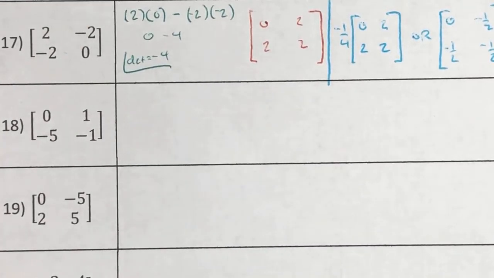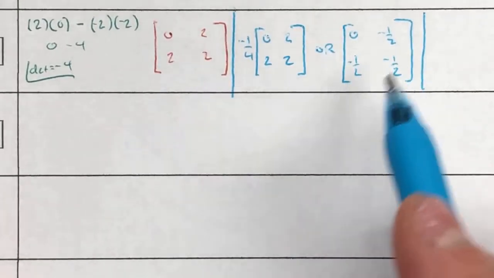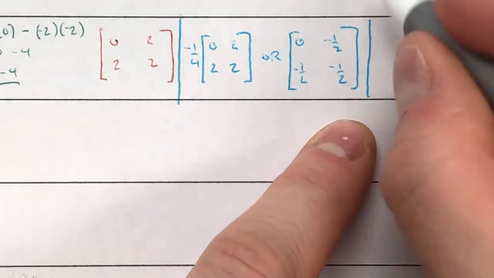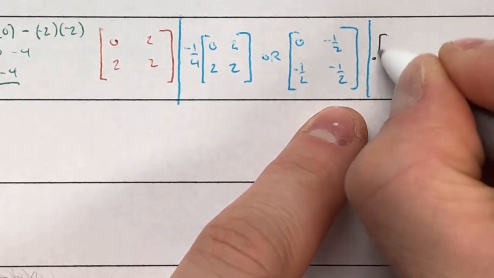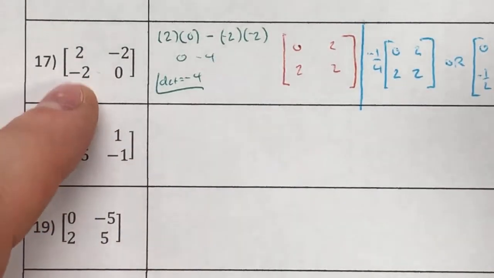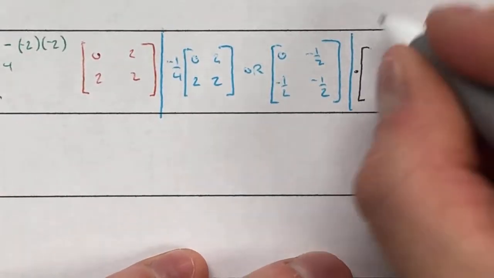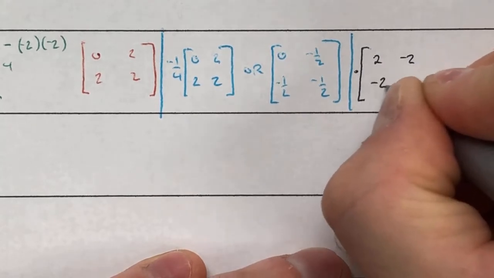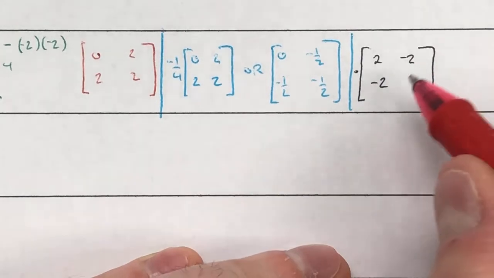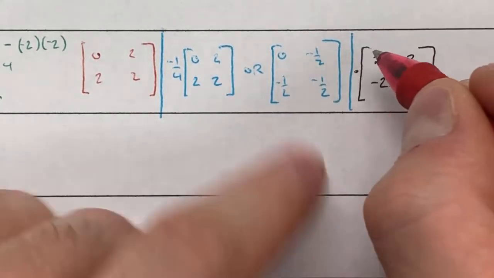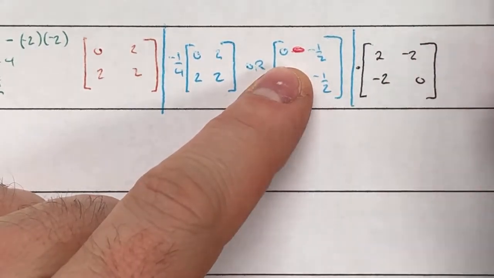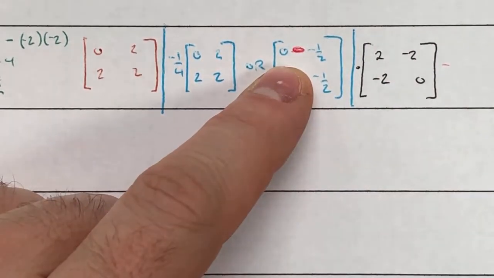So let's go ahead and work this one, just to get a variety of what we are seeing under our belt. So I'm going to take the right one and multiply it times our original matrix of 2, negative 2, negative 2, 0, and see what we get. So I'm going to take the top row.